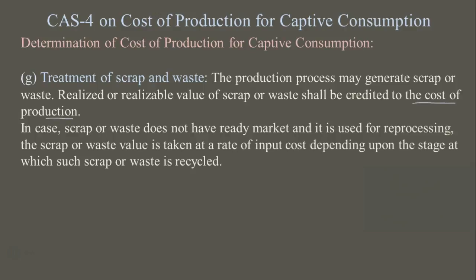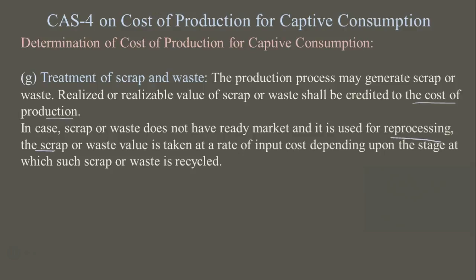Every time we are producing goods, we are definitely realizing some scrap value also, because we are going to generate scrap, and this scrap is going to be sold in the market. So any money realized from the sale of scrap or waste is going to reduce our cost of production.